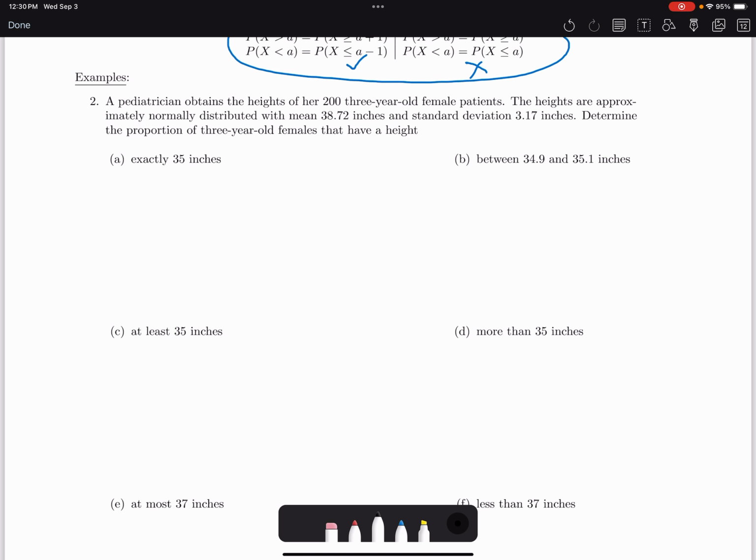Okay, so this set of examples in example 2 is very similar to the examples that we did when we looked at the binomial distribution for example 4.